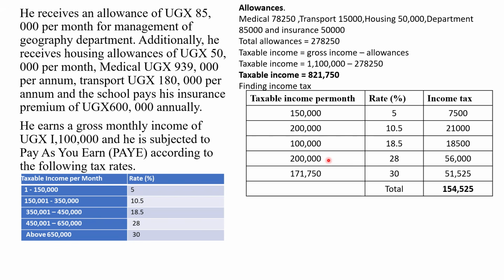So how much more money should I tax in order to have taxed my taxable income? Remember, my taxable income is this. So after reaching here, find where your taxable income lies. Now, if I told you it lies here above 650, come and put it here.